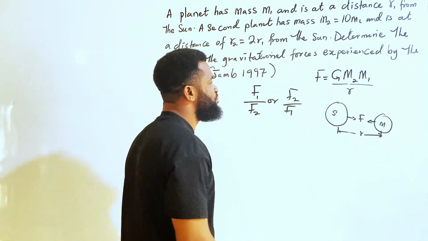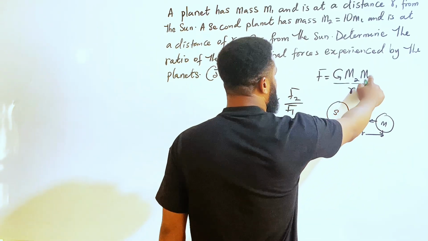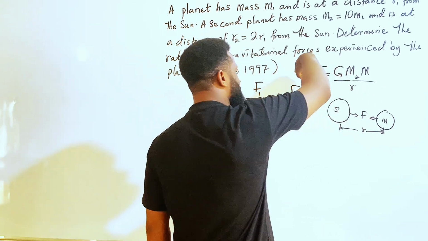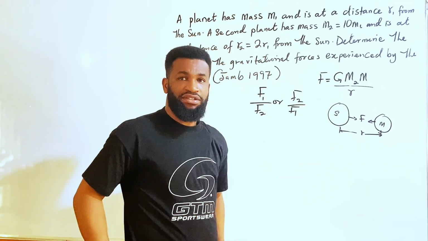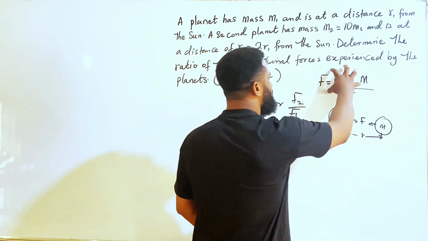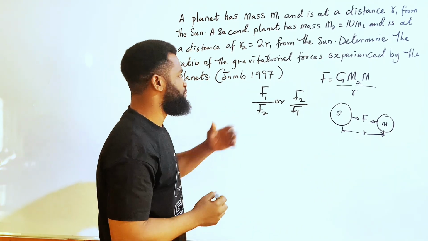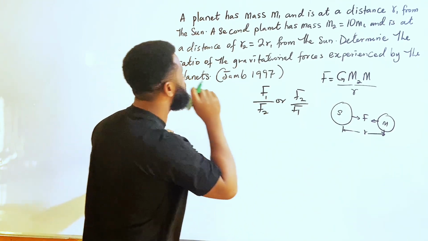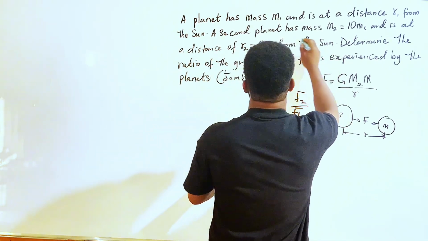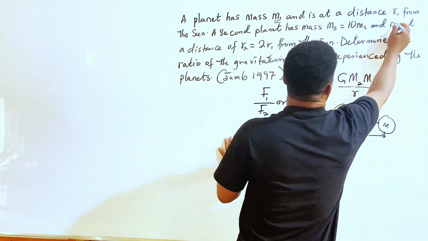So for every m, I'm going to have either m1 or m2. This is the formula I'm going to use. Let's go for F1, and then I will do F2. For F1, I'm choosing m1 and r1.